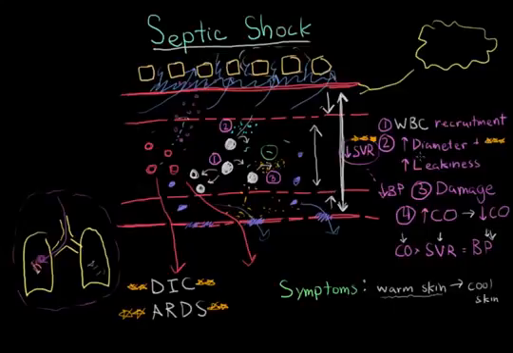The blood vessels are still going to be leaky from all of these vasoactive molecules that are increasing the leakiness and permeability of the blood vessel. So you'll still have this decreased tissue perfusion from all of this fluid that's accumulating in the tissues. And also you'll see other symptoms such as respiratory distress, altered mental status, and decreased urination. As organs get starved from oxygen, they start to lose the functions they normally carry out.